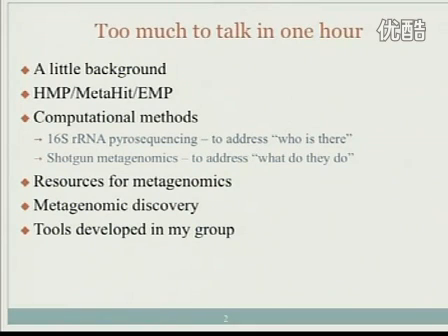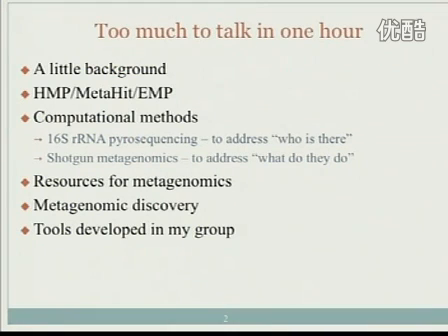So there are two questions: who are they? And the second question is, what do they do? If you just care about who they are, then you can just look at 16S RNA genes. But if you really care about what they do, you need to do shotgun sequencing. Metagenomics can be either 16S or shotgun, depending on your purpose.